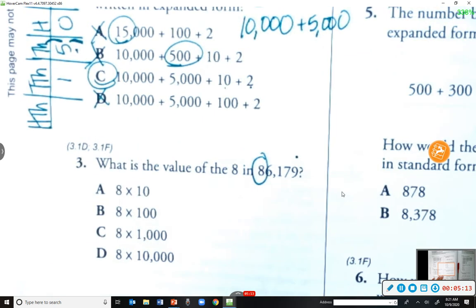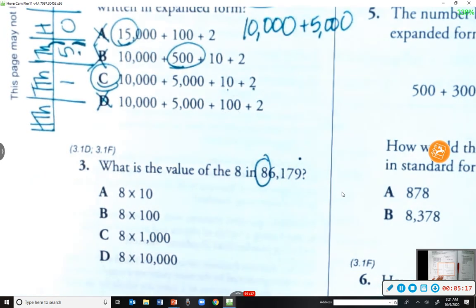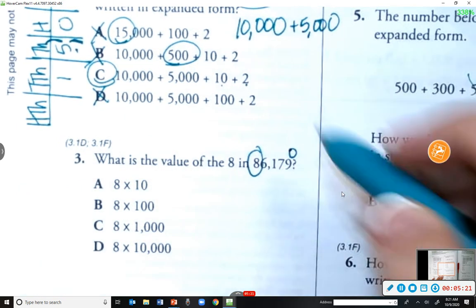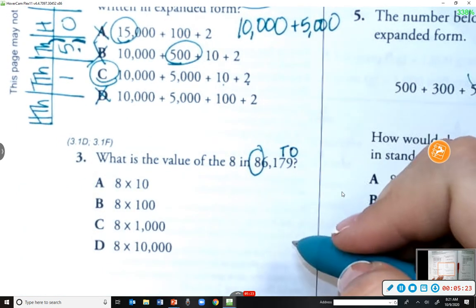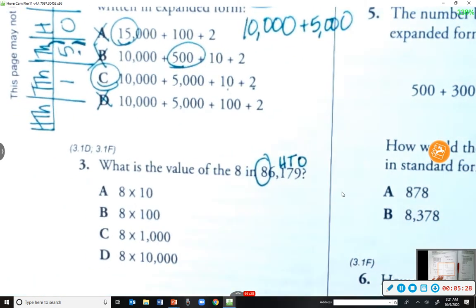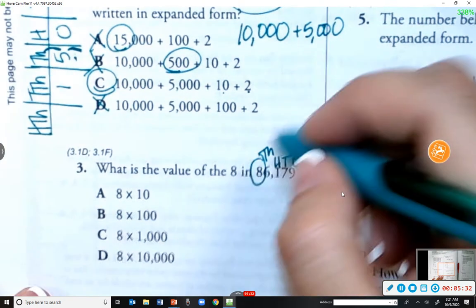Y'all should not be hesitating. This should be an automatic response. What place value is the 9 in? Ones. There you go. The 7. Tens. The 1. Hundreds. The 6. Thousands. Okay. And then the 10,000s.